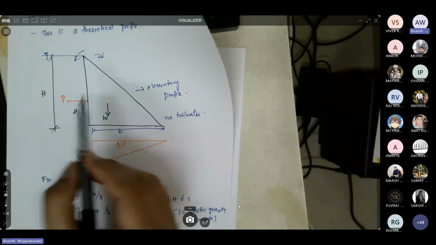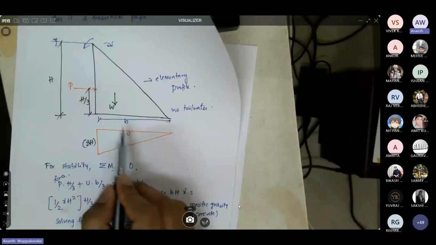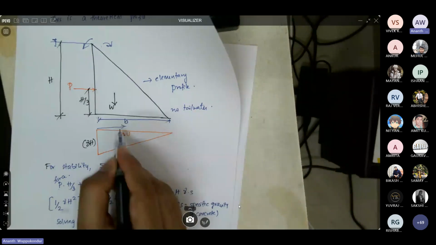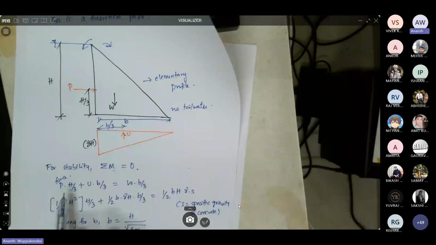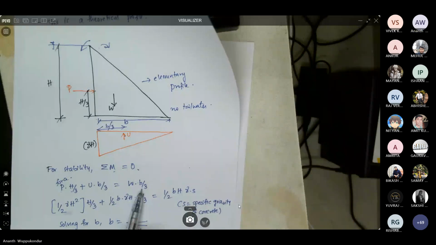It acts at the centroid, which is h by 3. The uplift pressure is also acting at the centroid, which is b by 3 from the upstream face. These two moments are counteracted by the self weight, which is acting at the centroid again, which is b by 3. So we are equating the destabilizing moments to the stabilizing moments.